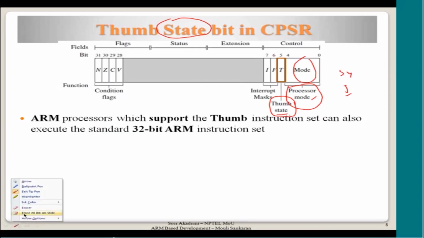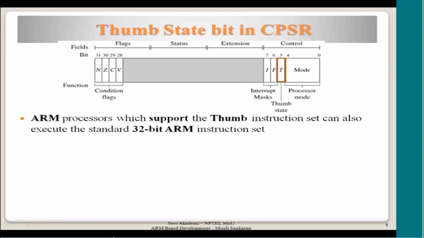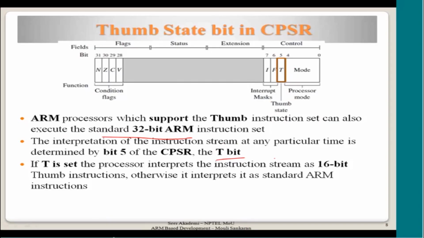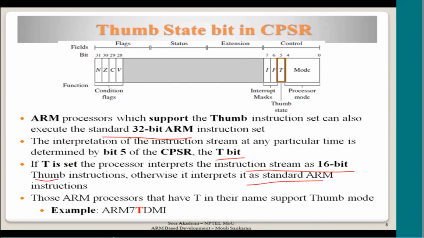Okay, good. An ARM processor which supports the thumb instruction set can also execute the standard 32-bit ARM instructions. I told you that. So bit 5, the T bit, corresponds to the thumb state. If T is set, then the processor interprets the instruction stream as 16-bit and executes in the thumb state. Otherwise, it's the ARM state. So how do you make out whether a particular processor core supports thumb state or not?